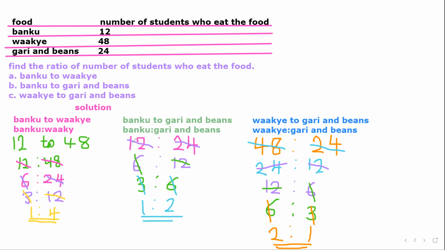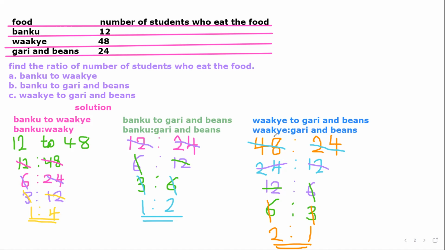So it's advisable, if you are using banku and gari and beans, I think when you cook more gari and beans, the students will eat more than with banku only. And when you come to wache to gari and beans, if you want to compare them, you realize that the ratio is 2 to 1, which means that when you call out 3 students to tell us the preference they have for the food, 2 people will prefer eating wache over gari and beans.